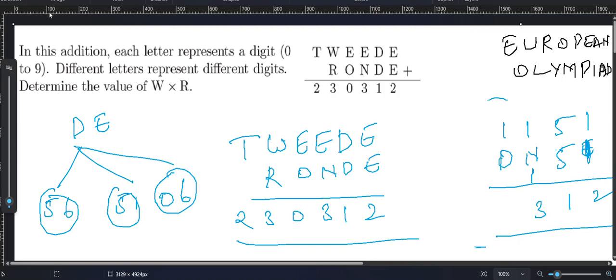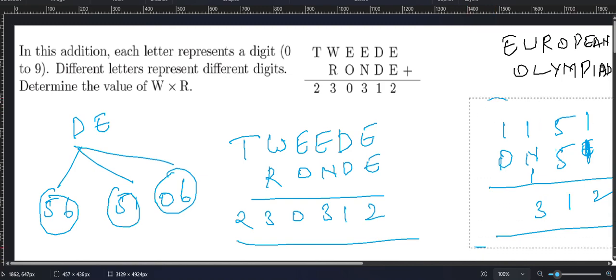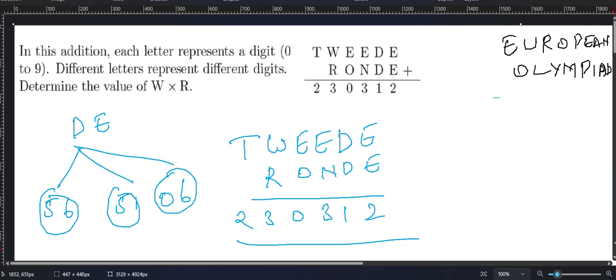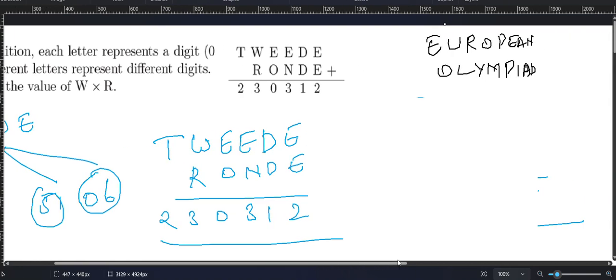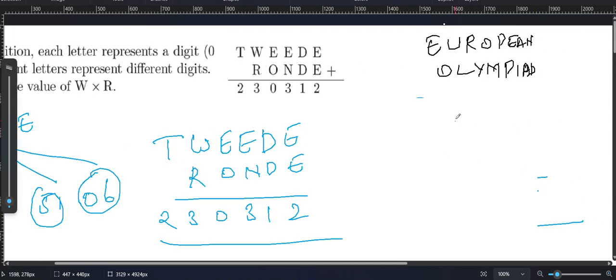Now let's move to the last possibility, 0 and 6. Intuition says it has to work out because there is no option left for us. So let's put all the things into place: D and E as 0 and 6.